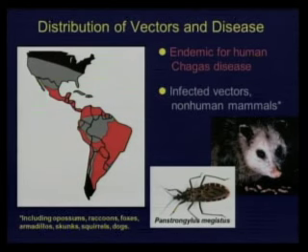And certainly this is a big problem in dogs. How many of you all have dogs? If you go to your vet and say, do you know about Chagas disease? They're going to say yes, because it causes heart disease in dogs also.